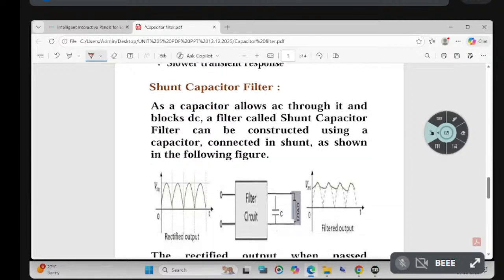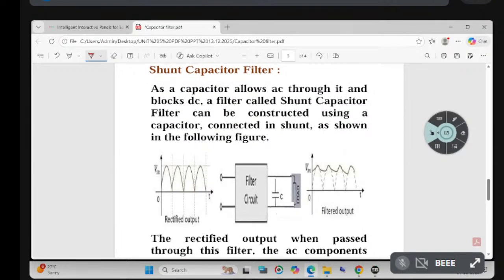We go for the capacitor filter, same diagram. Now see the waveform. Still we have reduced compared to the previous one. Compared to the previous one, still it has been reduced. Now we are getting closer to pure DC.